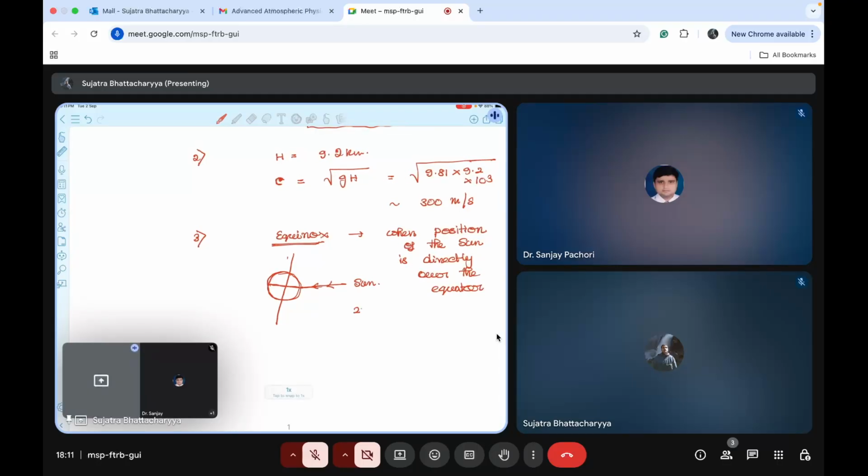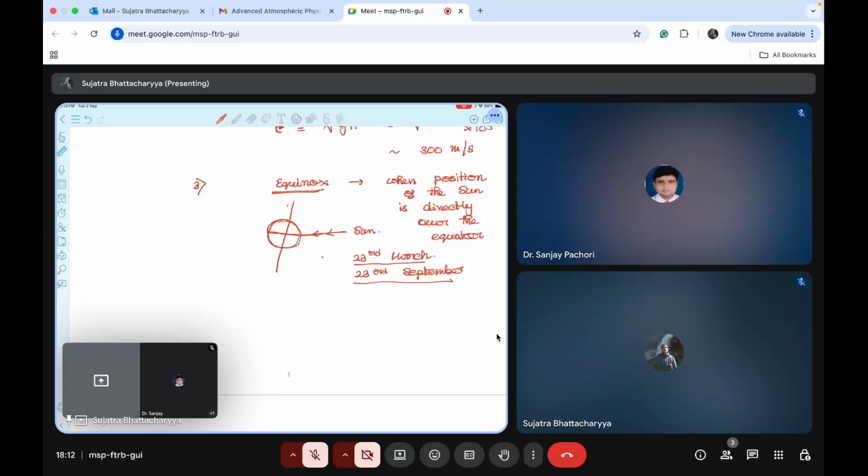And when we call this the equinox, it's roughly near 21st or 23rd of March, and some 23rd of September. So it's a range about 21st to 23rd. These are the two times when the sun's direct radiation falls over the equator.